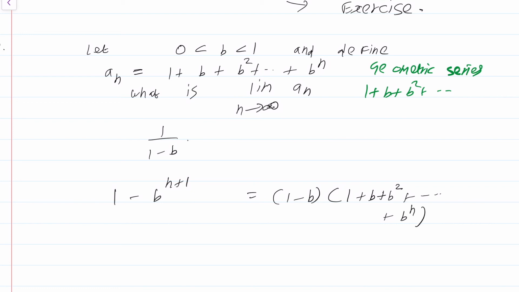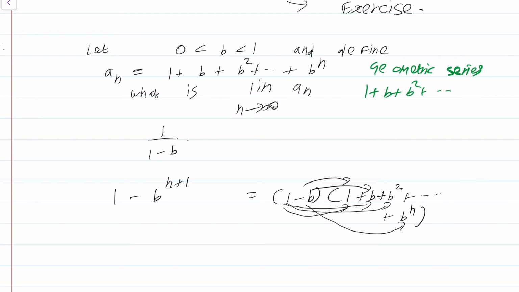Why is this correct? Well, there is a 1 accounted for by 1 into 1. Then this minus b^(n+1) is accounted for by this product. What happens is all the intermediate terms, b comes once as positive and once negative. b^2 comes once as positive and once negative. Everything else just cancels off. So 1 - b^(n+1) is actually equal to (1 - b) into (1 + b + ... + b^n).